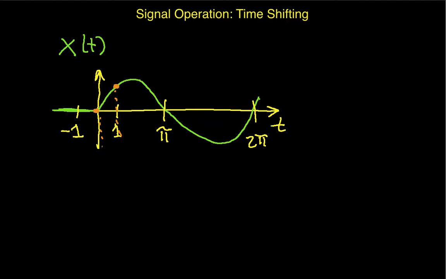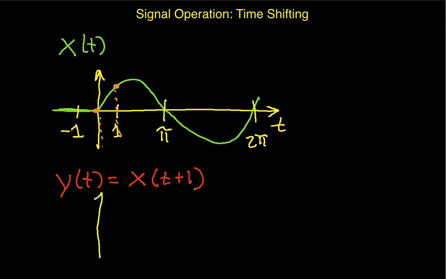Okay, so let's see what happens if I now say y of t is equal to x of t plus 1. We're going to go through this one faster than we did the last one.